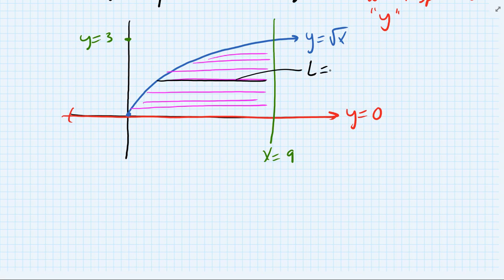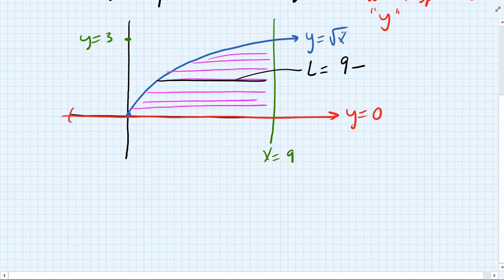It's x equal 9, right? So it's just 9, because we're doing everything in terms of y. My x is 9 every single time.